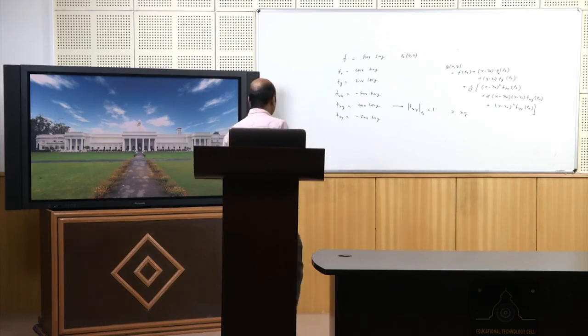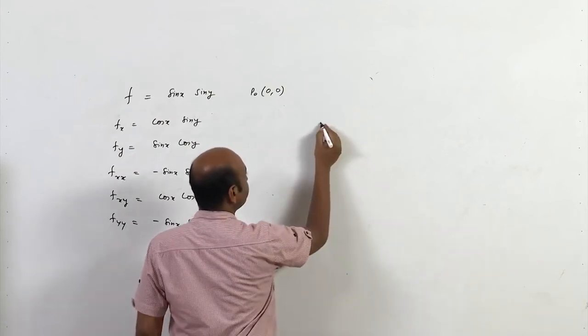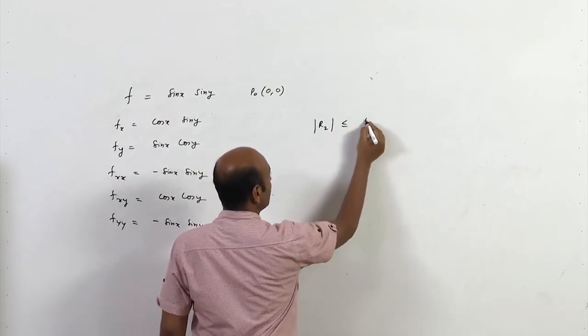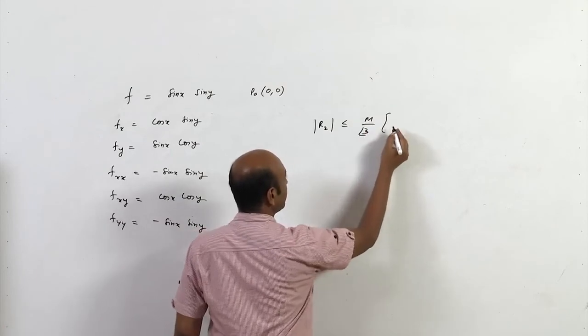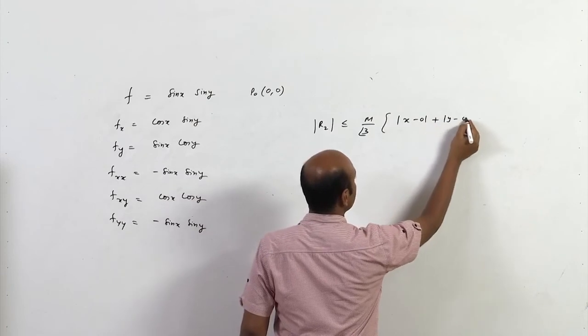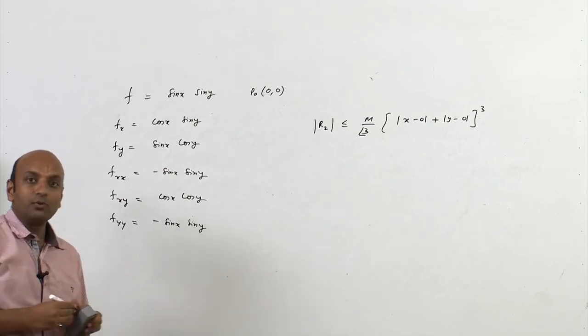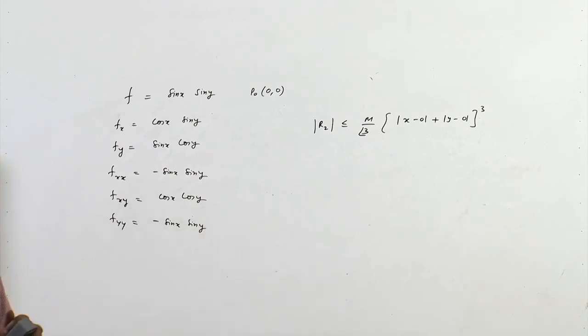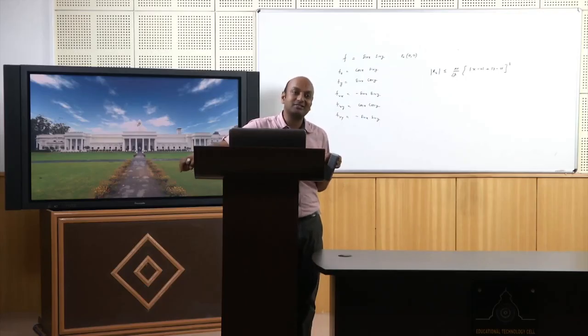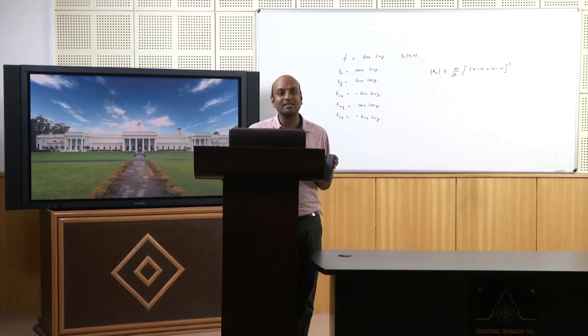Now, to find the bound, what is the bound? So, error bound is given by m by factorial 3 (mod x minus 0 plus mod y minus 0) whole cube. Now, to find m, which is the maximum of mod f_xxx, all third order partial derivatives, all combinations, maximum over this region when mod x is less than equals to 0.1 and mod y is less than equals to 0.1.